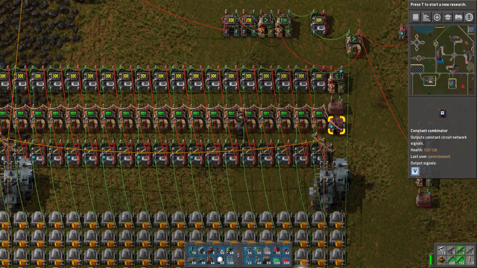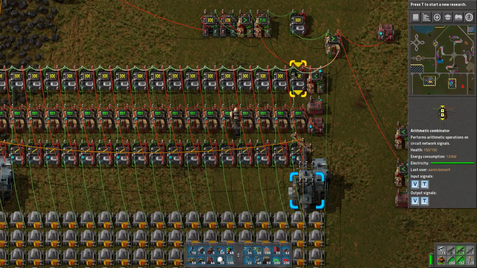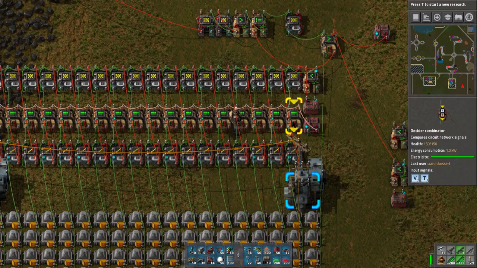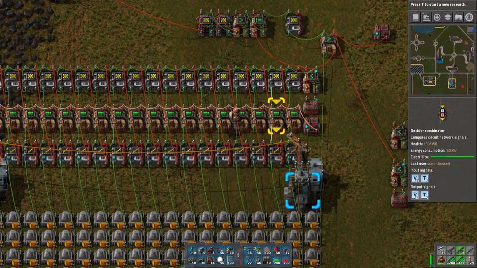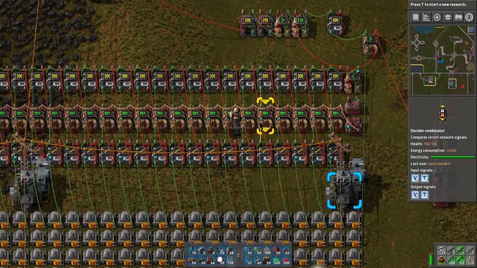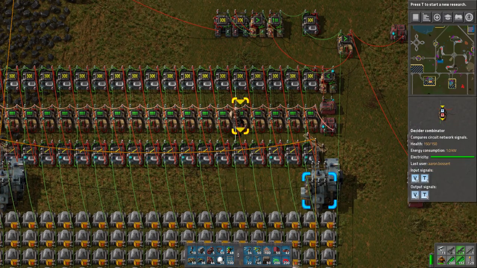Then I run all those into the next row of combinators, and in this row I add a value of v, which is 1. So at this stage, we've got 2 times v plus 1v, and we've also got 2 times t coming into this thing.